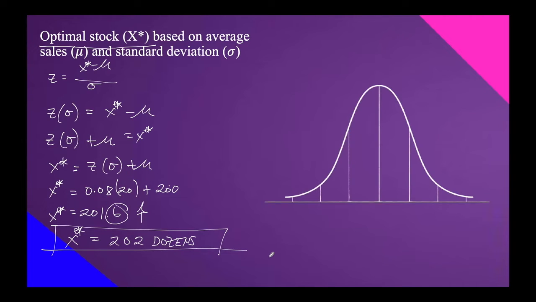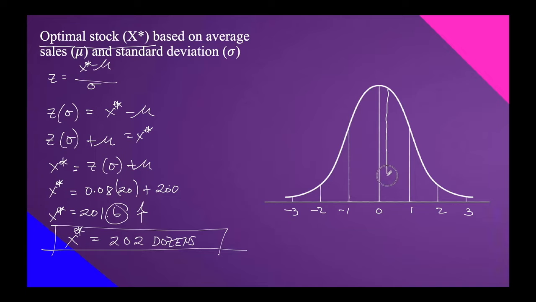Now, since this is a normal distribution, I will just have here the representation. So, assuming this is standard, this is 1, this is 2, this is 3, this is 0. I hope you're still familiar with this one. So, we have around 0.08. So, estimate na lang. Kunyari, ito yun.